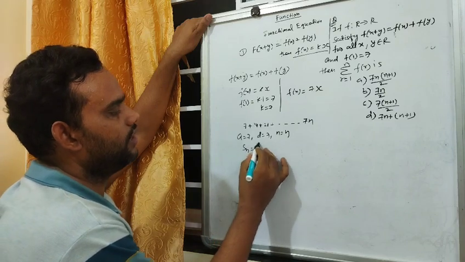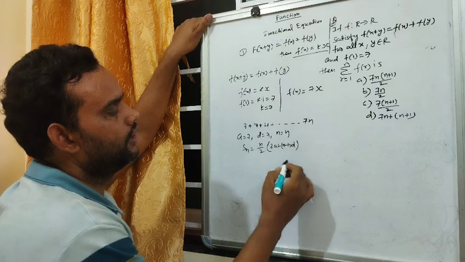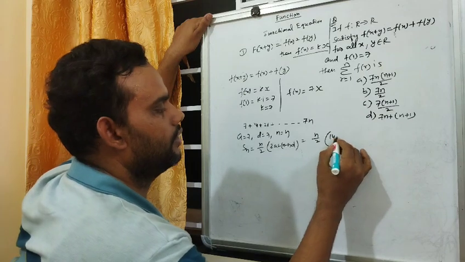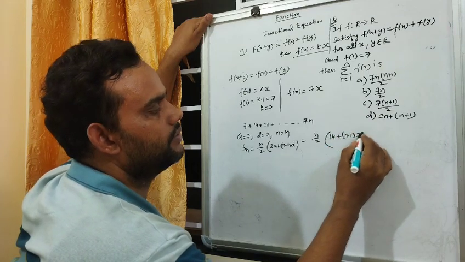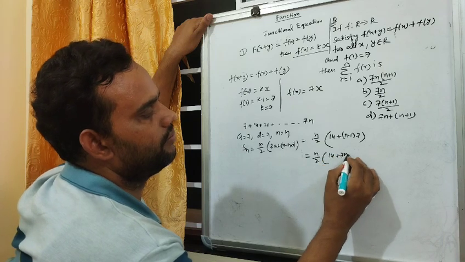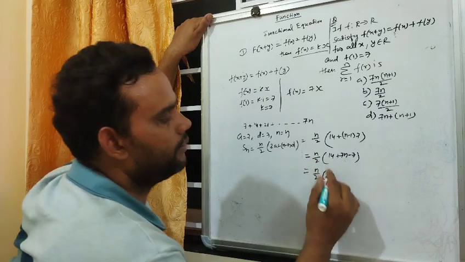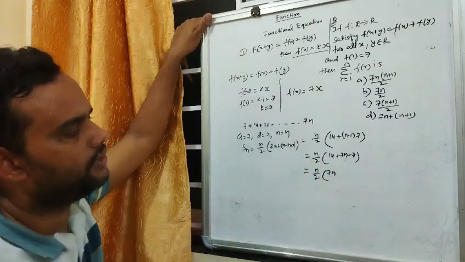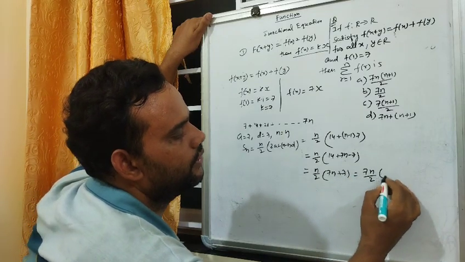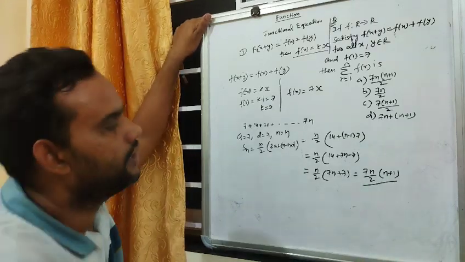So what is the Sn formula? n by 2 into 2a plus n minus 1 into d. So n by 2 as it is, 2a is 7 into 2, 14, plus n minus 1 into 7. Now simplify: n by 2, 14 plus 7n minus 7, which is n by 2 into 7n plus 7, and 7 is common, so 7n by 2 into n plus 1. So the correct option is A.